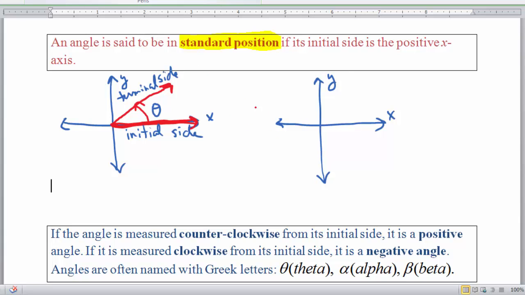And now, you don't have to do this in different colors, I'm just doing it for effect, kind of to show you what's going on here. Here's another angle maybe that goes like this, right? So that would be another angle in standard position. And again, this would be the initial side.